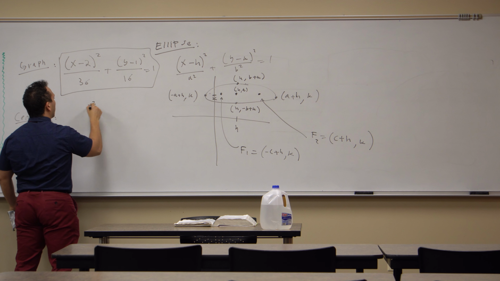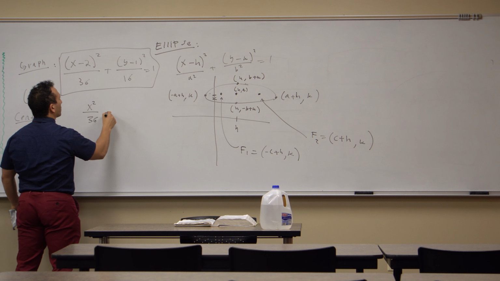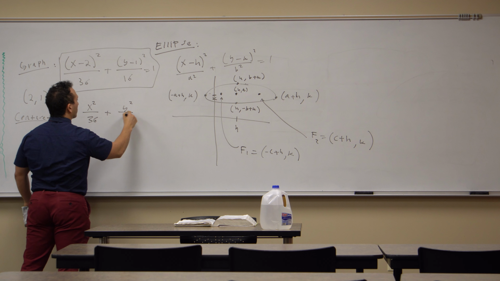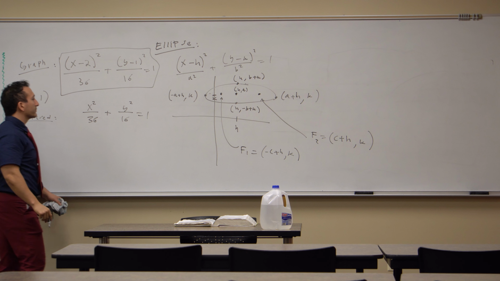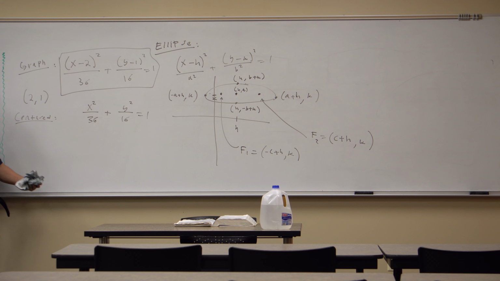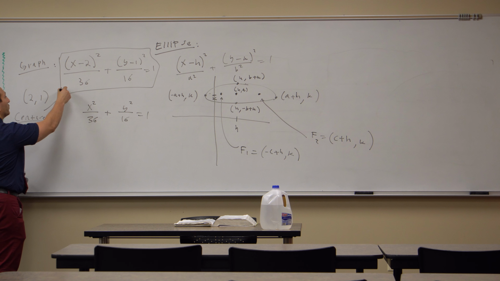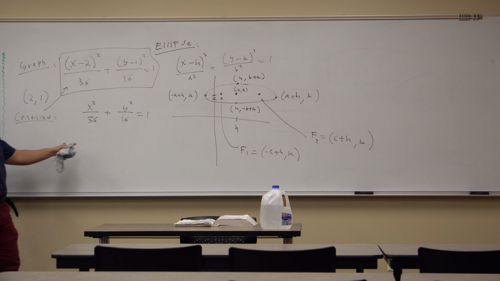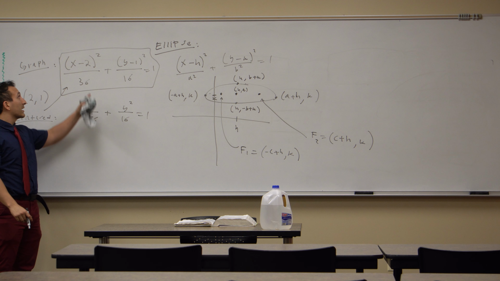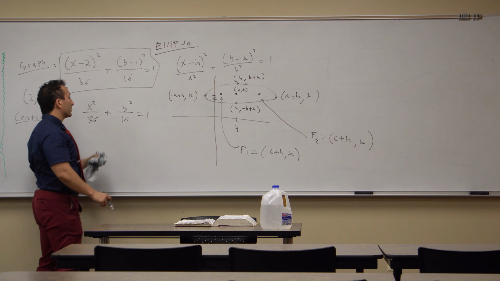Treat it like your old-fashioned ellipse centered at the origin. Solve the problem like that. Forget about the 2, forget about the 1. Solve the problem as if it was centered at the origin. This is centered at 2, 1. But this is centered at the origin because we set h and k equal to 0.